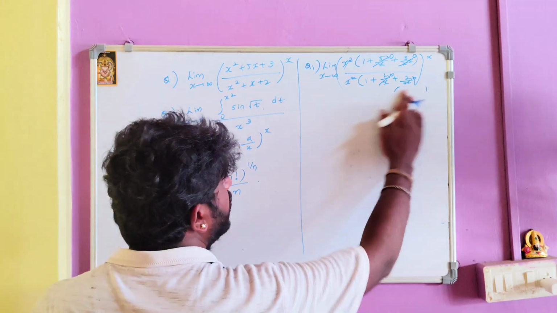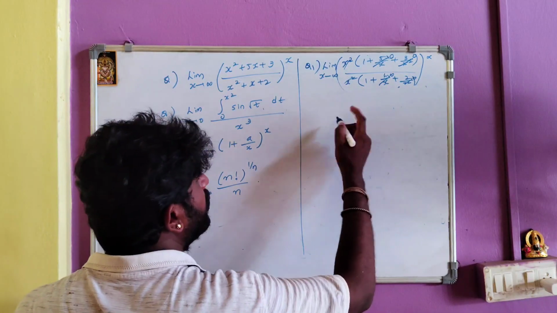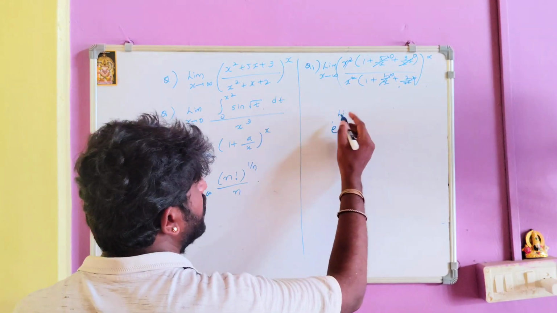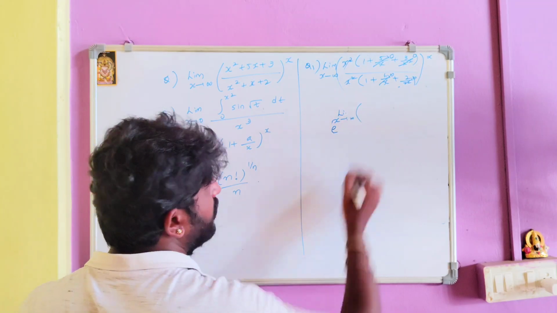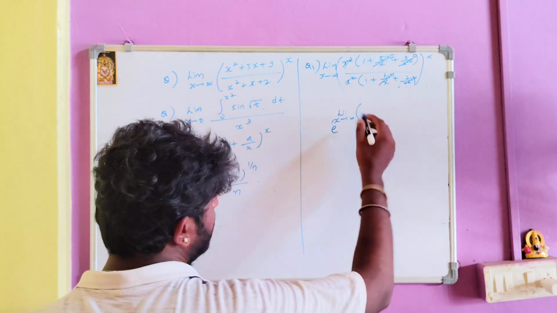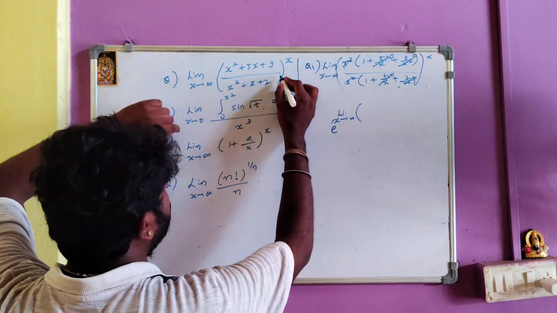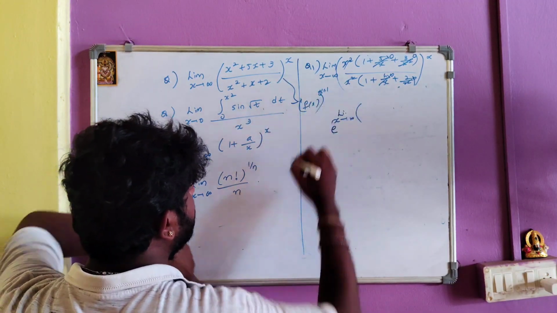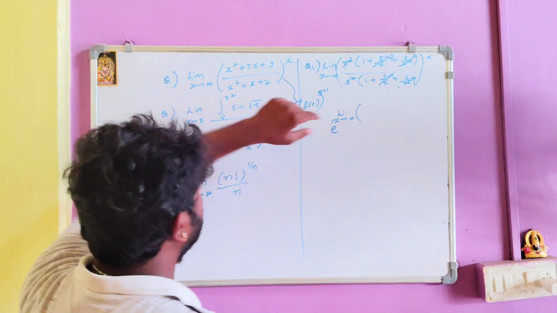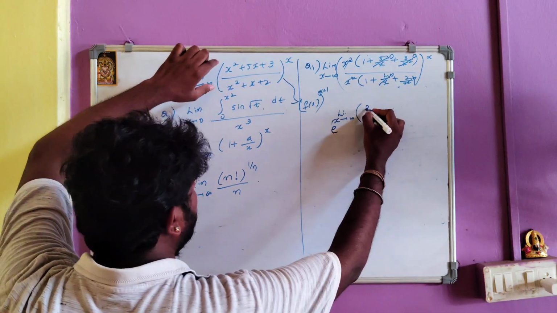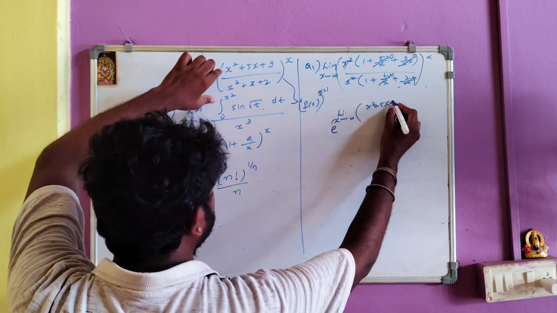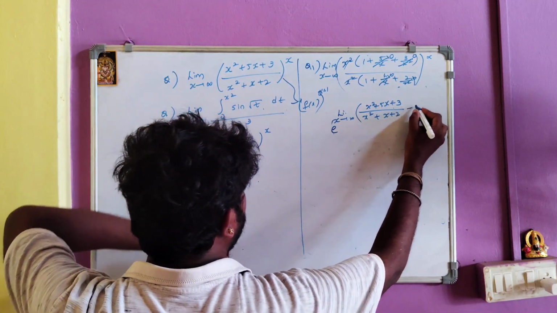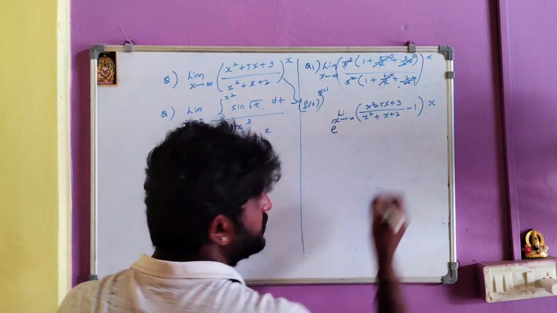Then use the shortcut e raised to power of limit. What is the limit here? x tends to infinity, f of x whole raised to power of g of x. Here f of x is (x square plus 5x plus 3) by (x square plus x plus 2) minus 1, into g of x which is x.